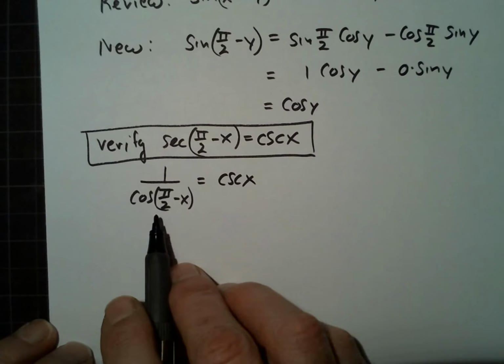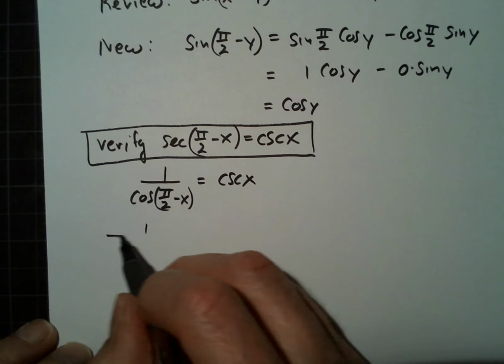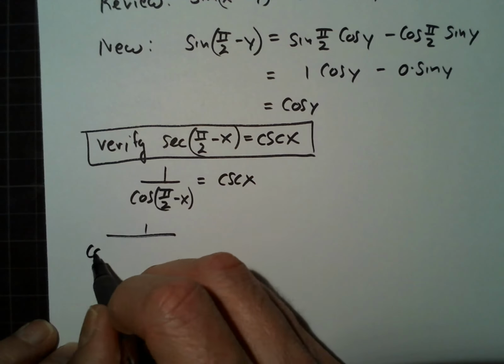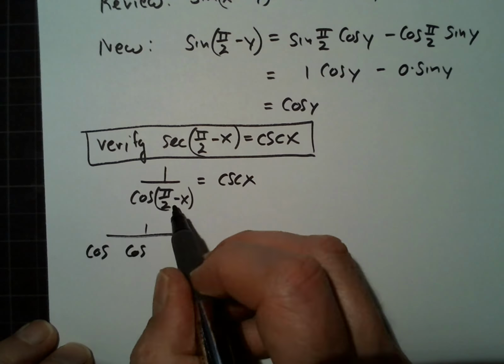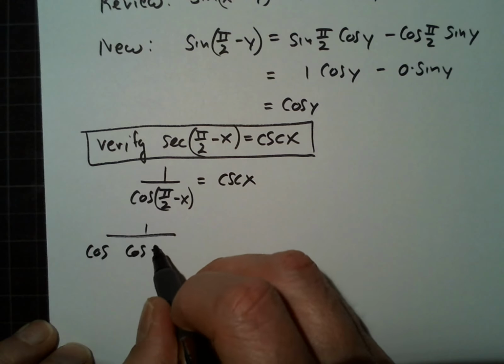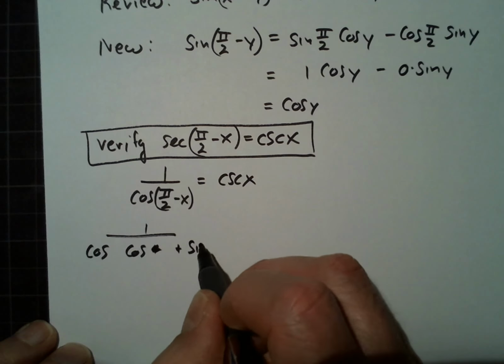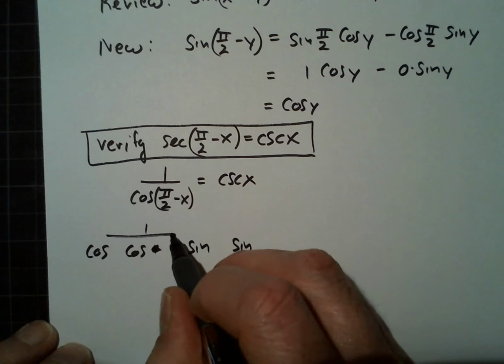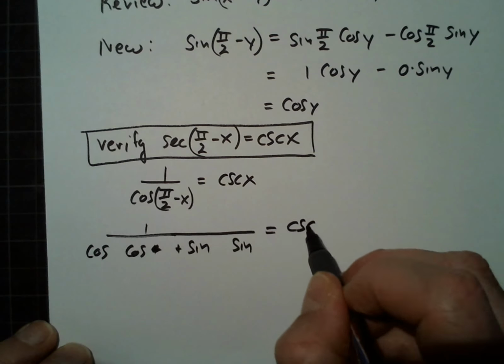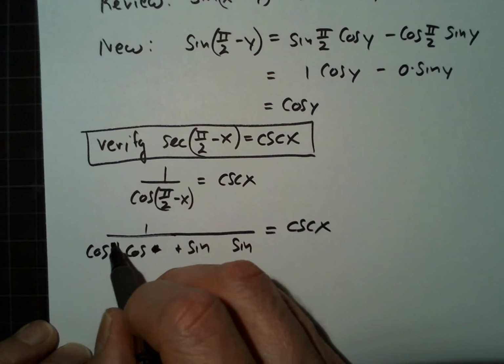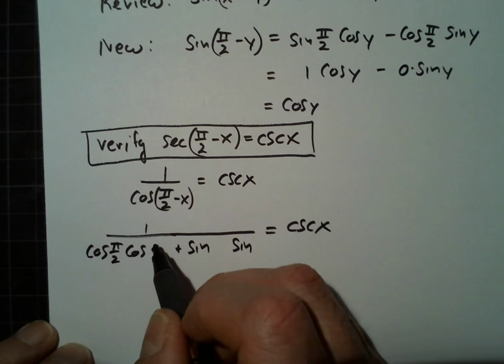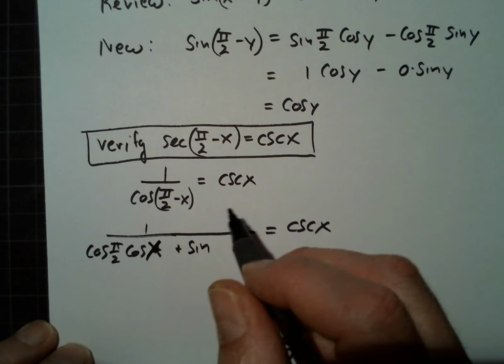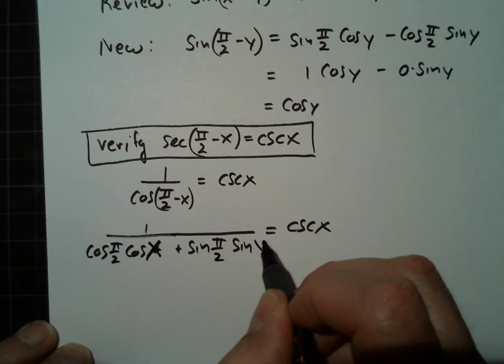So now we can use the cosine formula, which is cosine cosine plus sine sine, and that's going to be pi over 2, pi over 2 and x.